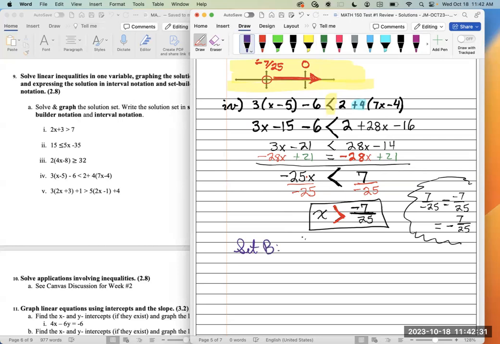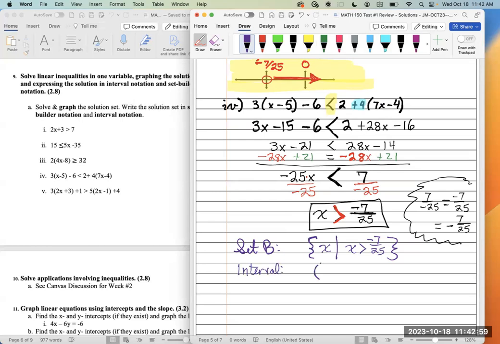My set builder is going to look like the set of all x such that, and then it's in squiggles again. And then you copy the inequality that you just reduced. The set of all x such that x is strictly greater than negative 7/25. My interval notation, give me the interval of numbers that make it true.